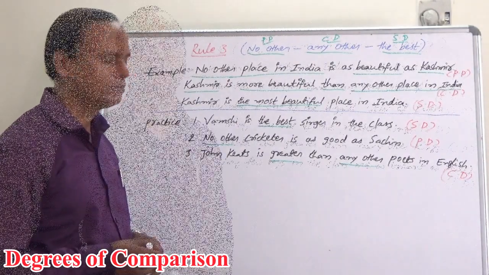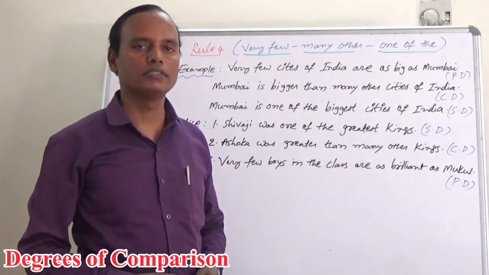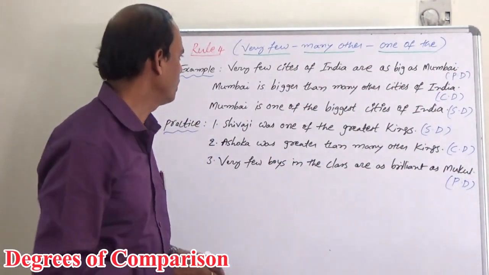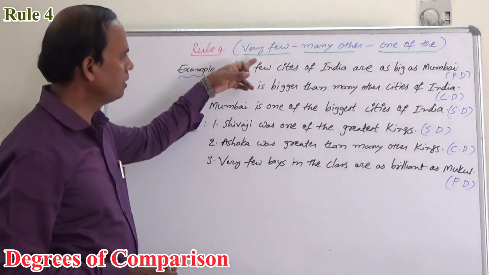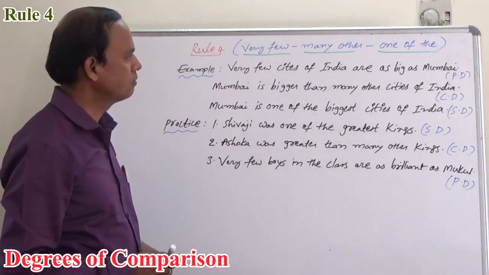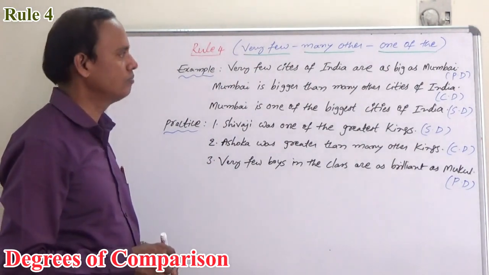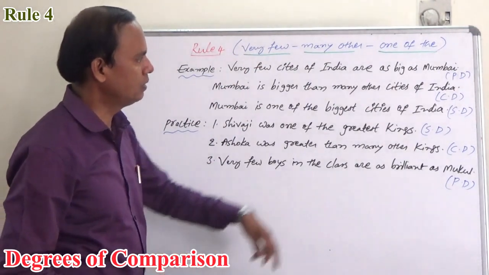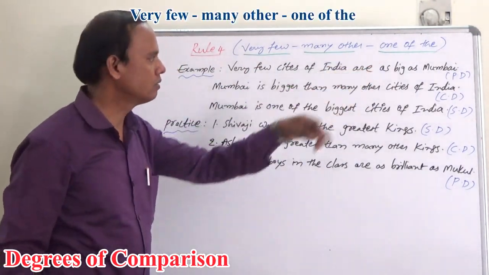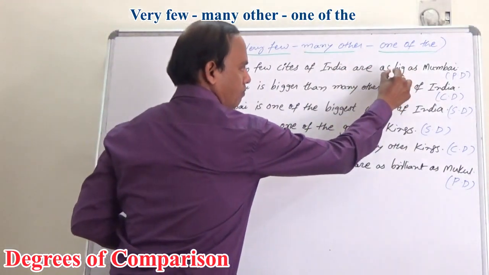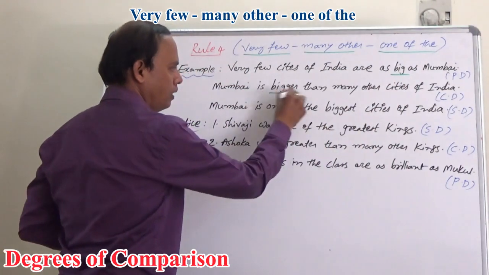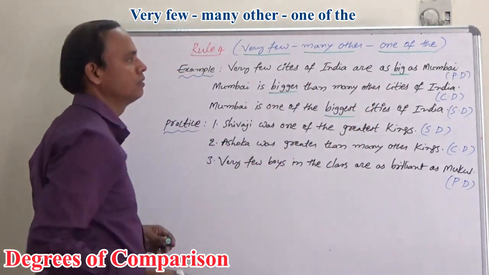Alright. Okay, dear students, now let's move to rule 4. In rule 4, you can see here in positive degree very few comes, in comparative degree many other comes, in superlative degree one of the comes. Alright, you can identify like this also: big, bigger, biggest.